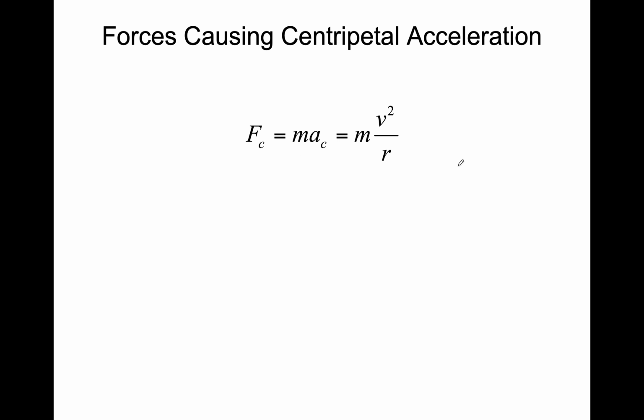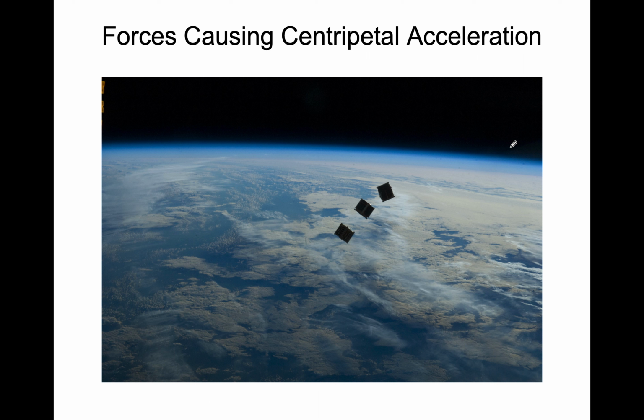Newton's second law tells us centripetal force should equal mass times centripetal acceleration, equals m v squared over r. Now for satellites, for anything orbiting around the Earth, the only force acting on it is the gravitational pull from the Earth. So the Earth provides a centripetal force that keeps this object in centripetal acceleration around the Earth. And that's how this object becomes a satellite of the Earth.